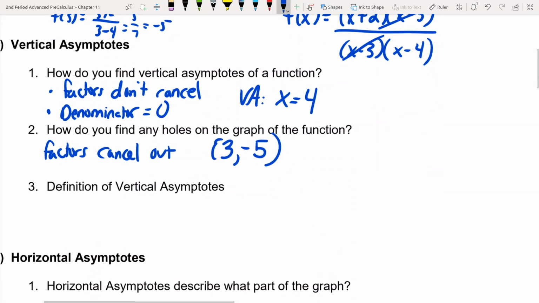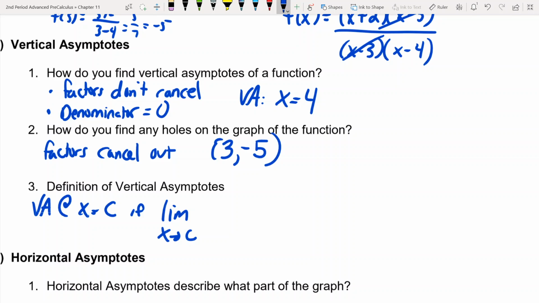So then the definition of vertical asymptotes, we can look at these from the limit perspective. A vertical asymptote at x equals c would occur if the limit as x approaches c of f of x goes to plus or minus infinity.